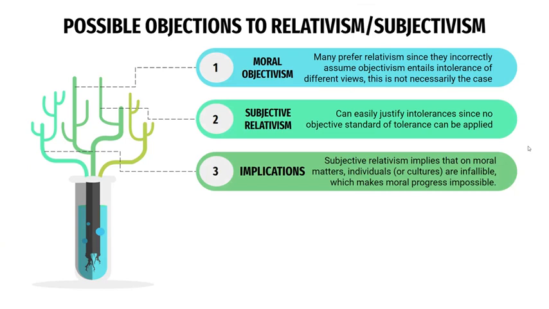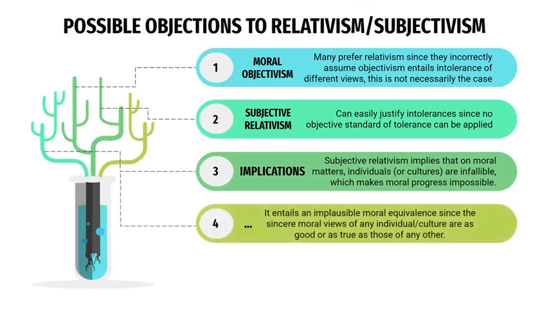It also entails an implausible moral equivalence since the sincere moral views of any individual culture are as good or as true as those of any other. And that seems problematic, right? It seems like the moral views of ancient Rome, or of people who proposed genocide, or Nazi Germany, seem wrong to most of us intuitively.